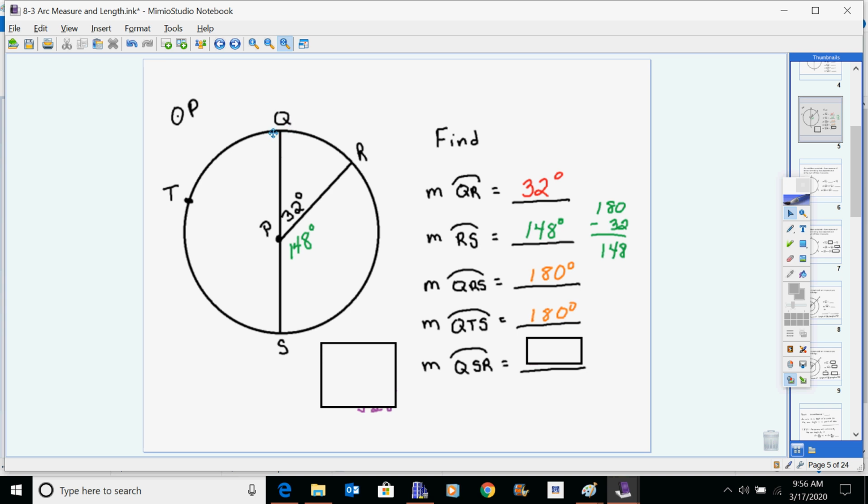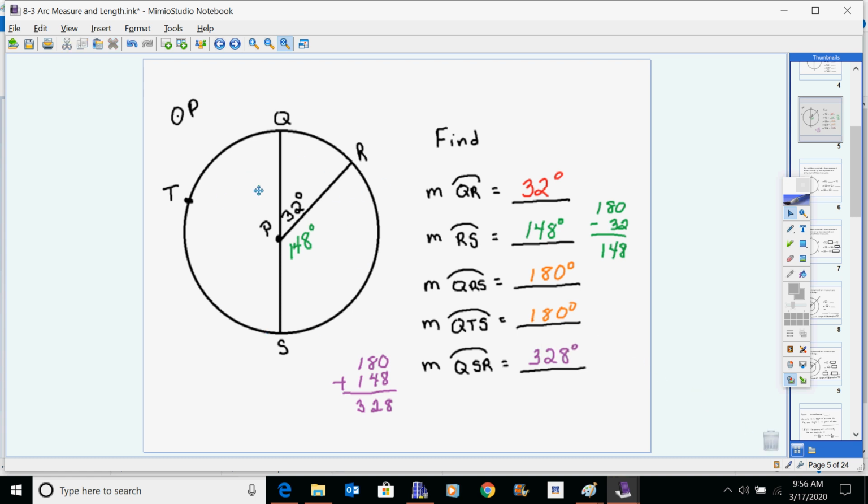And then the measure of QSR, all the way around here. There's a couple of ways that you could think about that. You could either add 180 plus 148 and get 328 degrees, which is the actual answer.